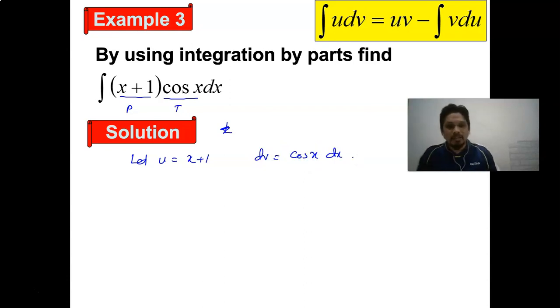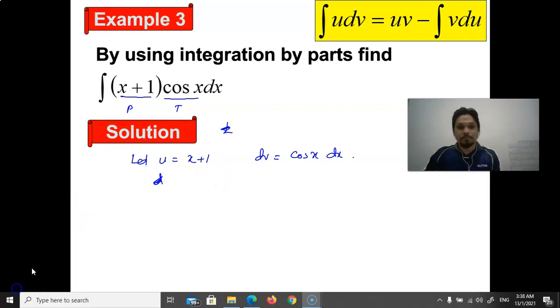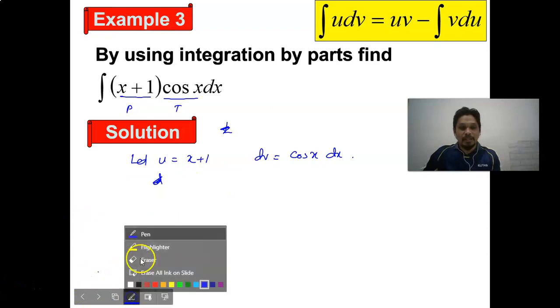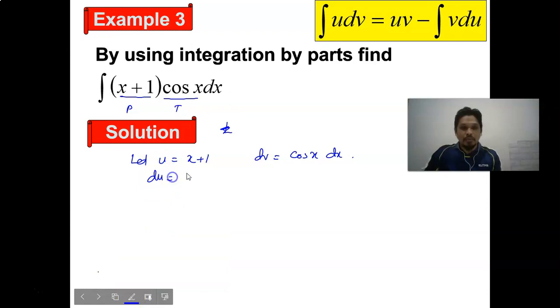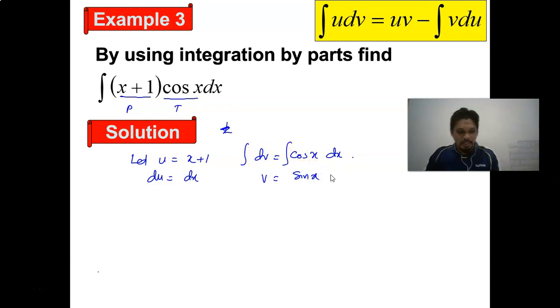LPET: polynomial comes first, and then trigo at the end. So then du equal to 1 dx, and integrating left and right, the integral of cos x gives v equal to sine x.